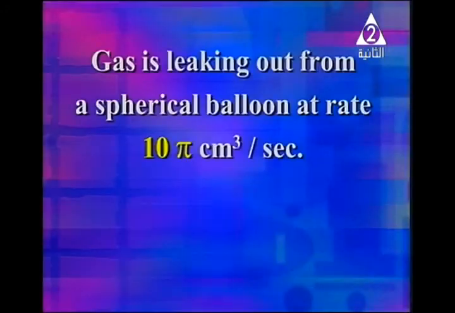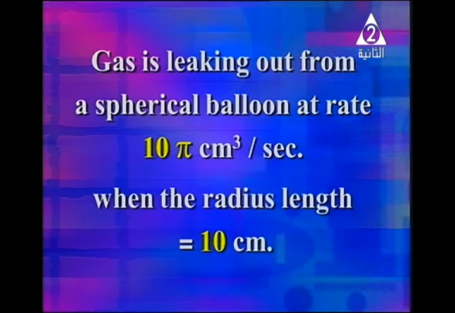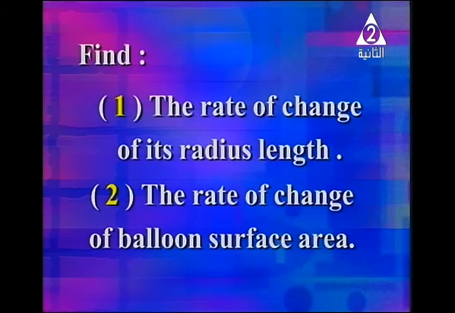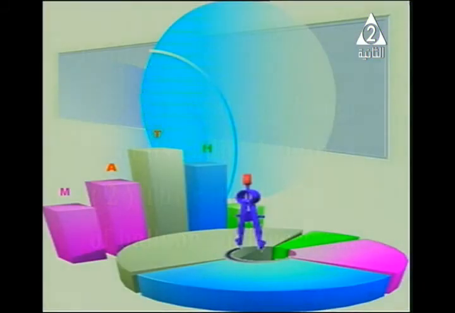Another example. Look at the student. Gas is leaking out from a spherical balloon at a rate of 10 pi cm^3 per second, where the radius length is 10 cm. Find the rate of change of its radius length and the rate of change of the balloon surface area.